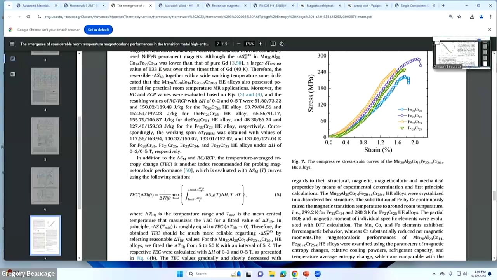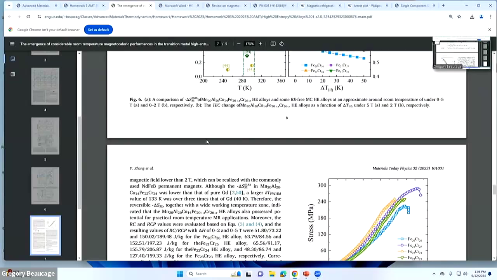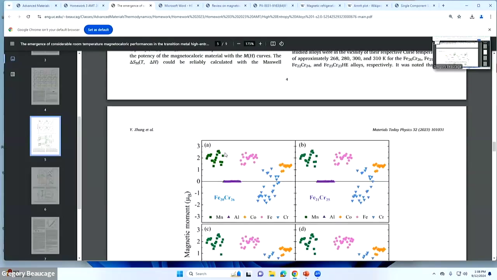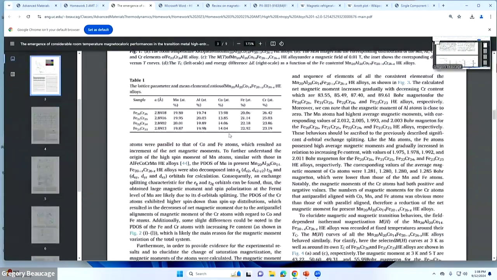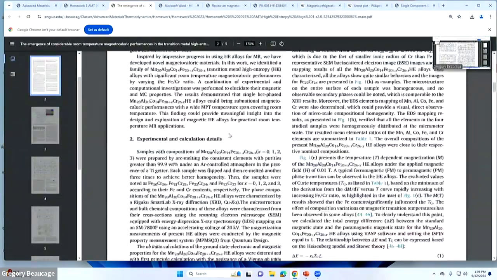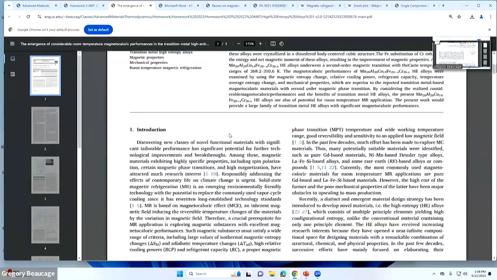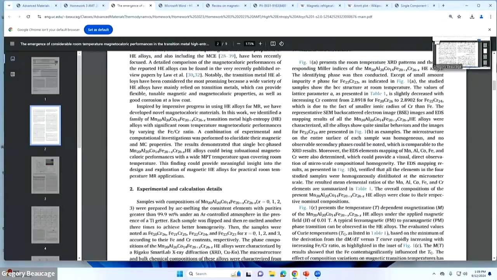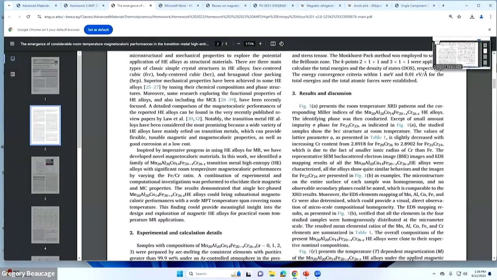They don't break, so they're pretty robust materials, which differentiates these from any other magnetothermal materials, because the gadolinium materials are brittle, and the other options are wicked brittle.